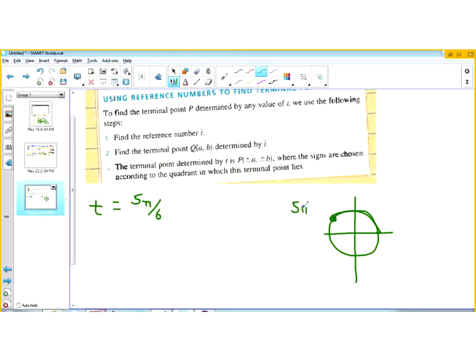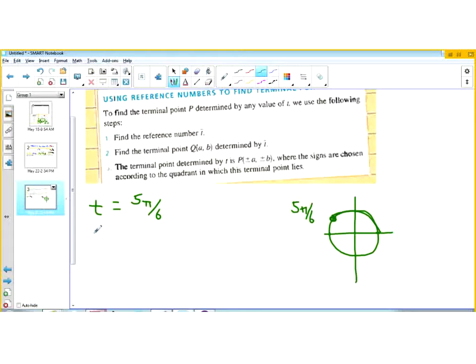So this would be our terminal point. The terminal point is in quadrant 2, because this is 6 pi over 6 right here, this is 3 pi over 6 right here, so 5 is between 3 and 6. So there's your terminal point, it's in quadrant 2. That means that our abscissa will be negative and our ordinate is positive.